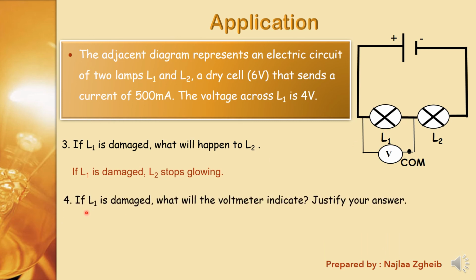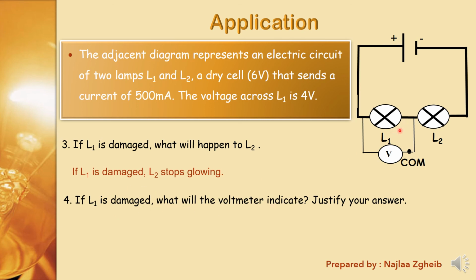Part 4. If L1 is damaged, what will the voltmeter indicate? Justify your answer. If you look at the circuit, the voltmeter measures the voltage across L1, and in this part, L1 is damaged.